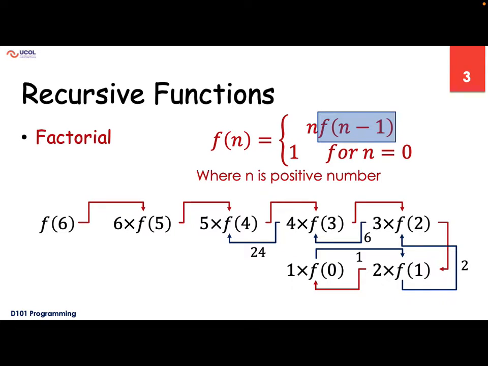Now this f of 4 is replaced by 24. 24 multiplied by 5 returns the value of the function at 5: 120. And then finally we will get back the value of the function at 6. It means that we have computed the factorial of 6.